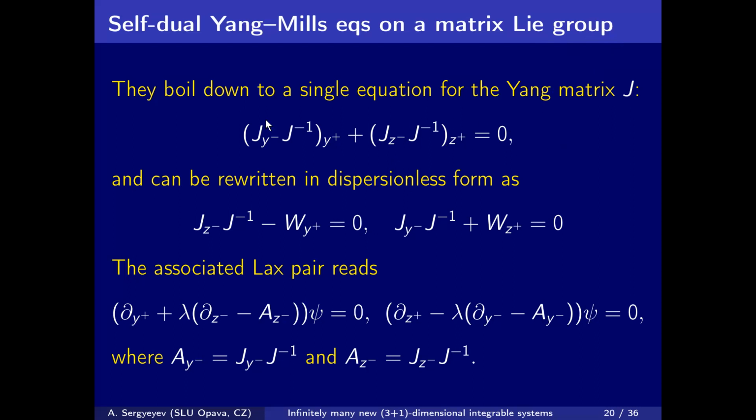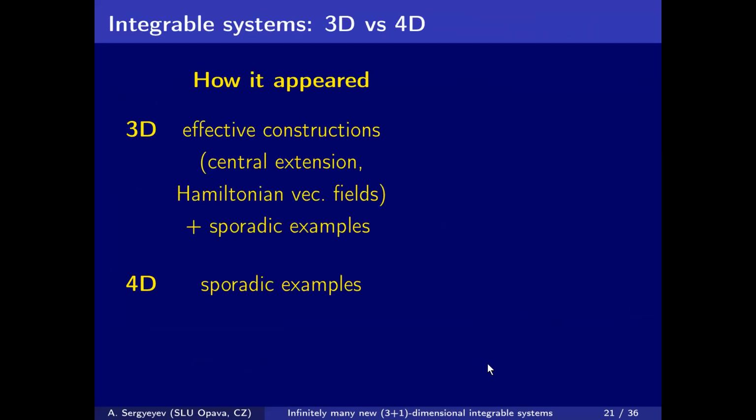This equation is rather easily rewritten in dispersionless form by introducing an additional matrix potential W. So this is the dispersionless form for the self-dual Yang-Mills equations, and just for the sake of completeness, here is the Lax pair for these equations.